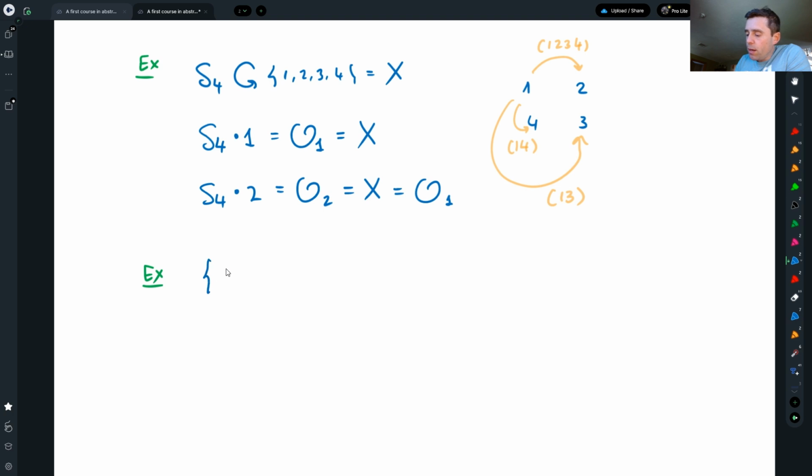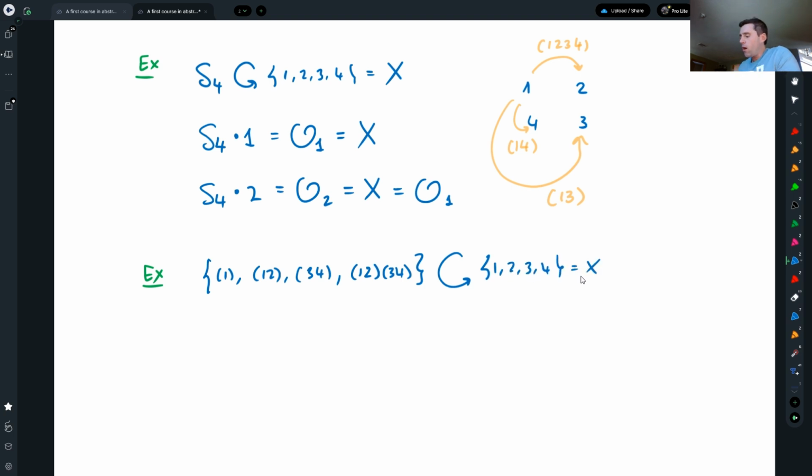So let's think about the identity, (1 2), (3 4), and (1 2)(3 4). This is a subgroup of S4, but it also acts on 1, 2, 3, 4, on X. And it acts how? Let's see where each element takes 1, 2, 3, 4.